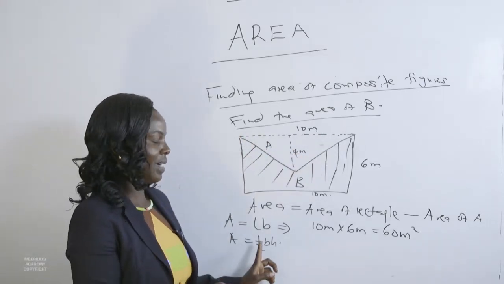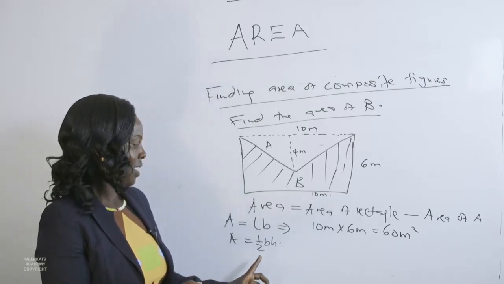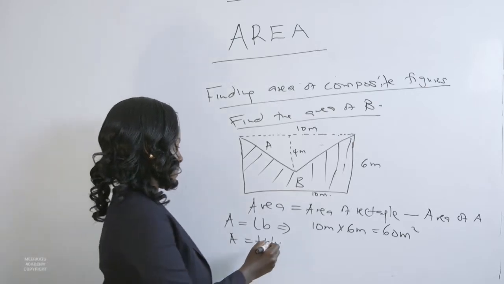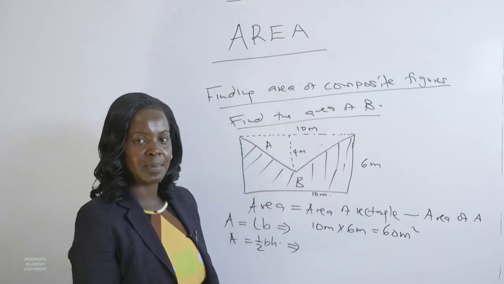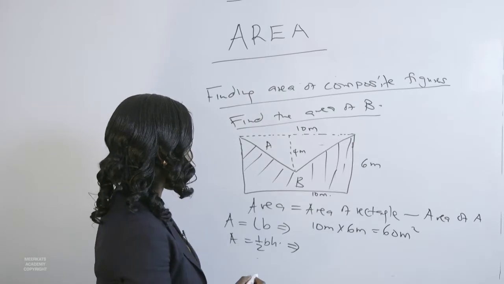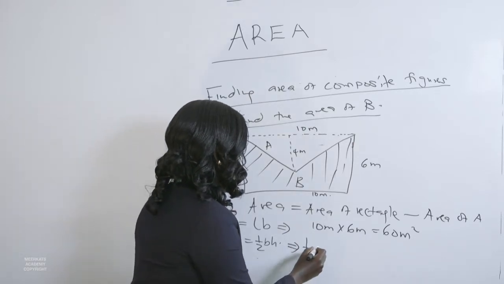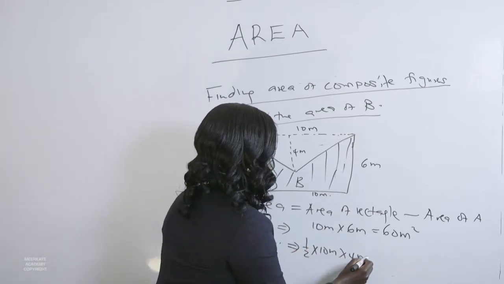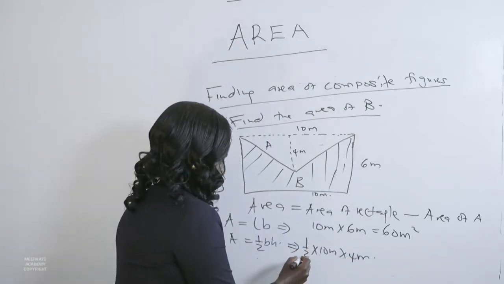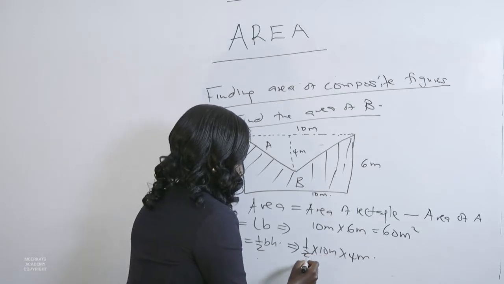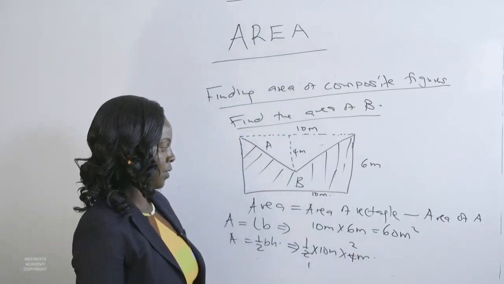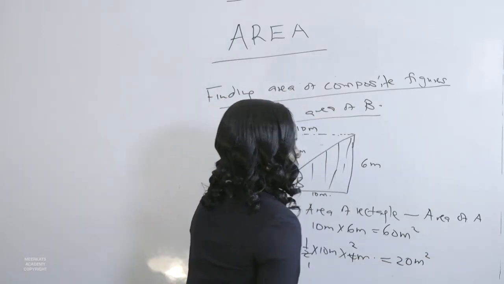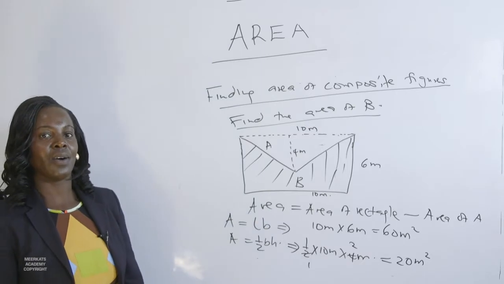We have said the area of a triangle is calculated using the formula a half base times the height. Let us substitute in our formula the values. Two goes into 4 2 times. That is the area of the triangle.